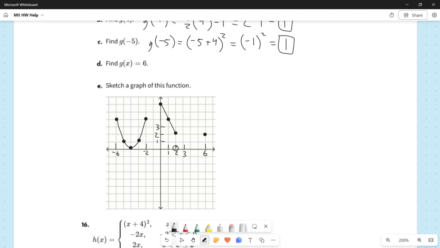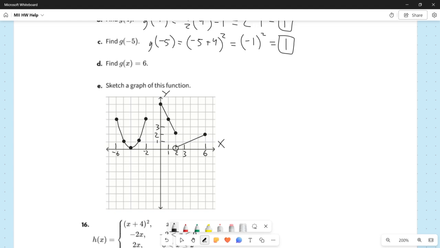Now we want to connect these, so we just draw a line, just like that. And that is our graph. Don't think we're missing anything. We can always label x and y if we want to, but hopefully by now we realize what's x and what's y. So that is our graph.